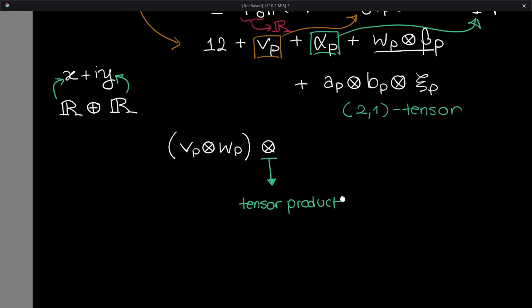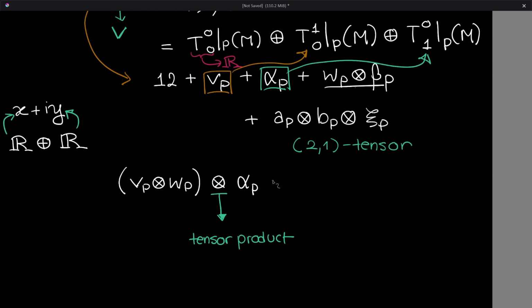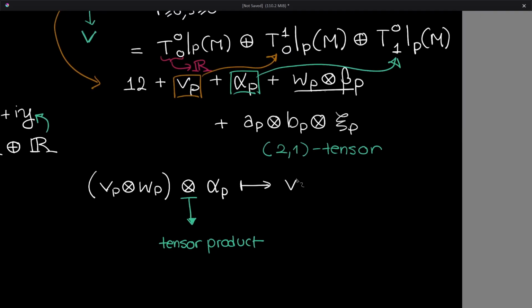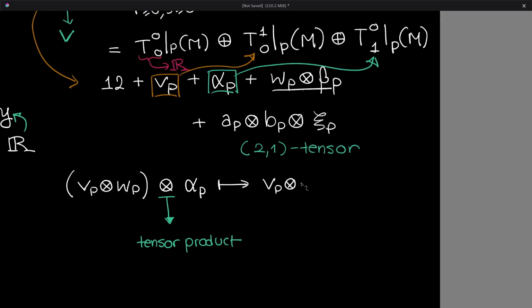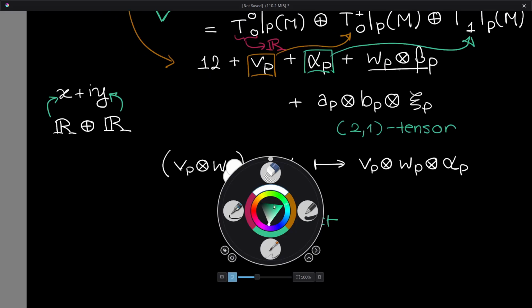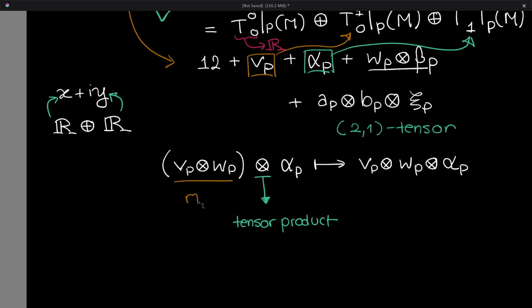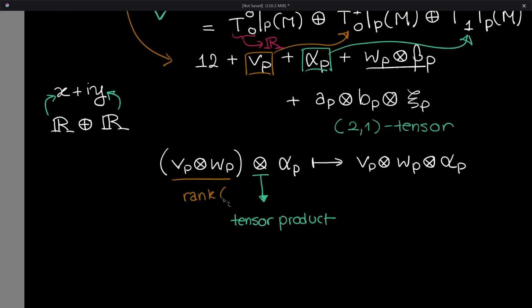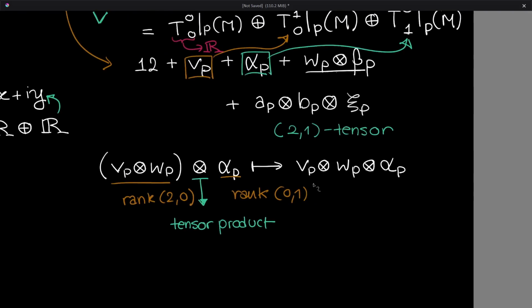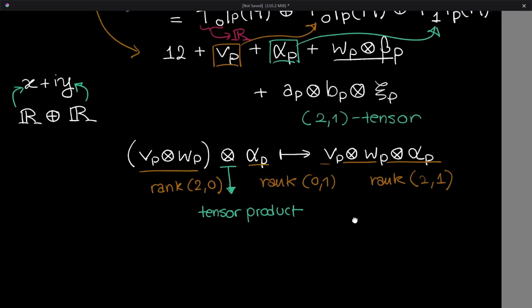What it's going to do is, let's say we do this, then it's going to give me a new tensor, which is exactly equal to this. And so we took a rank 1 element, a rank 2 element, 2, 0, and we took a 0, 1 element, and then what that will produce is a 2, 1 element. We'll add the ranks, right?